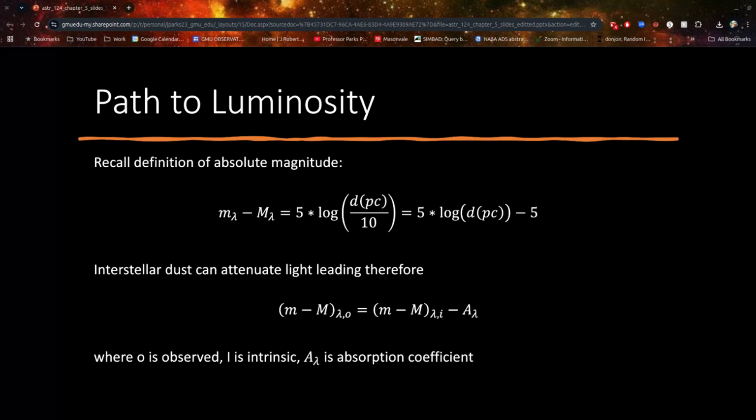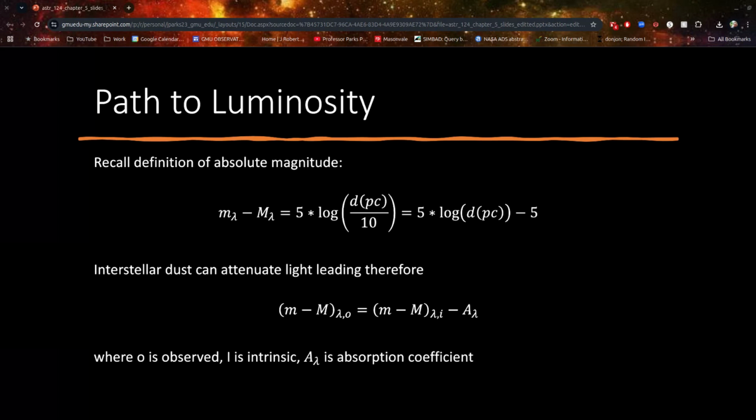The main contributor to what happens when you have dust is within the galaxy. Again, it depends on where you look. If you look within the disk of the galaxy, you're going to see more extinction due to dust. If you look within star-forming regions where there is a much more concentrated region of dust, you're also going to have this effect.